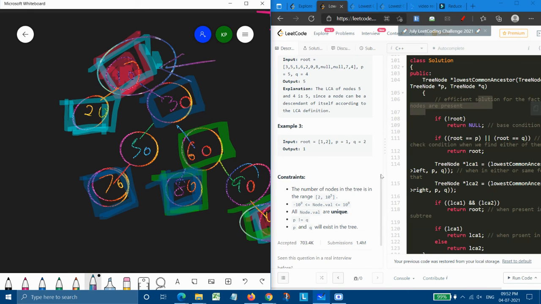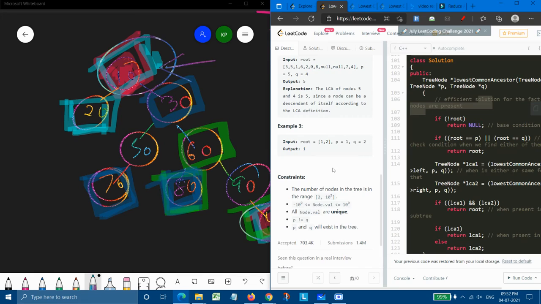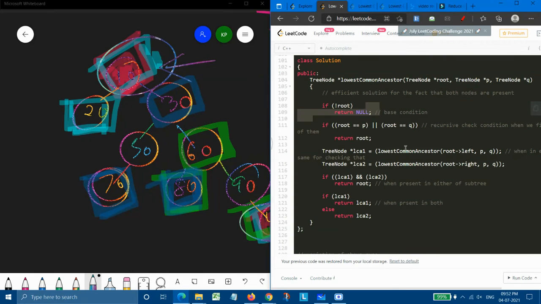Then another condition is, if both of the conditions were not satisfied, then we'll simply call the left subtree and the right subtree, and we'll pass p and q values to it. So LCA1 will be calling our left subtree, and LCA2 will be calling our right subtree.